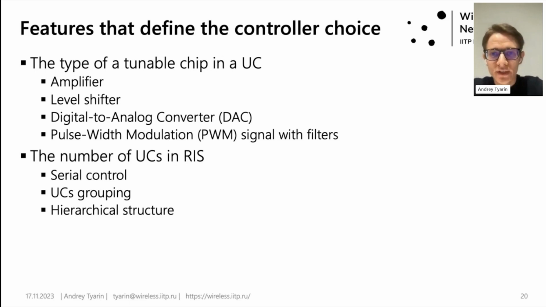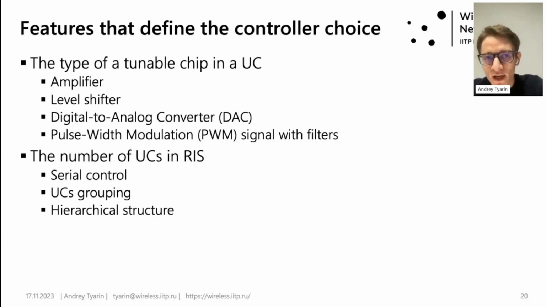Pin diodes and varactors are the most common types of tunable chips. Pin diodes require 2 voltage levels for their state adjusting. One is greater than 0, and the other is less than or equal to 0. Since digital outputs meet these requirements, there are no control limitations for UCs with a pin diode.